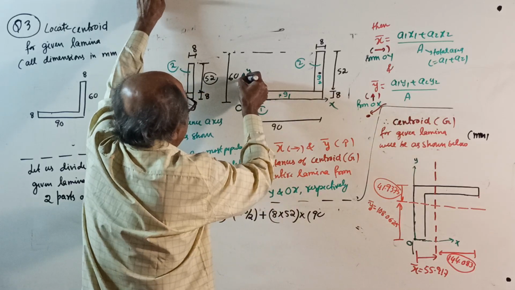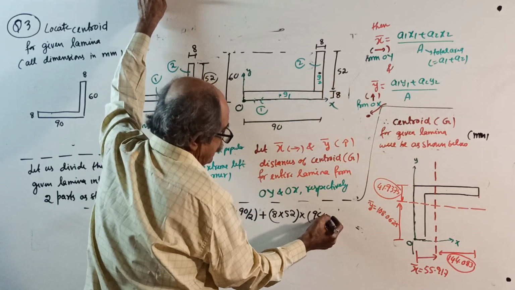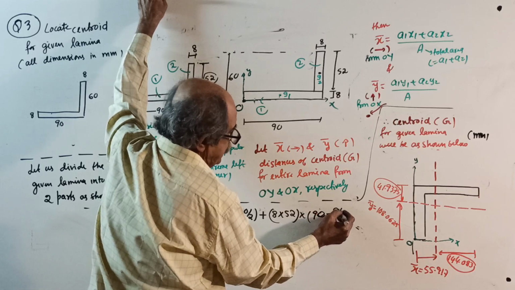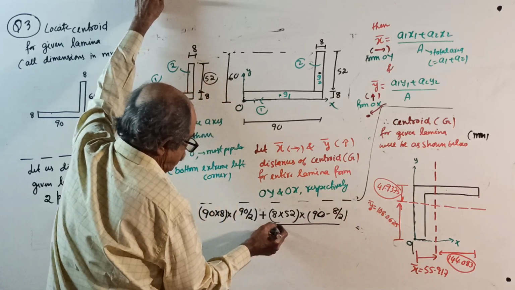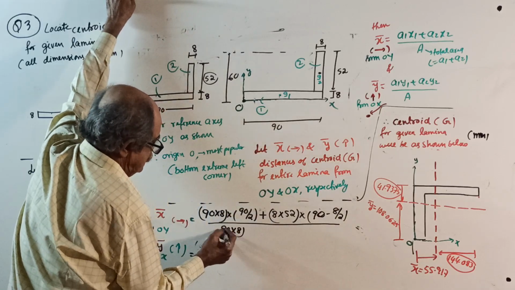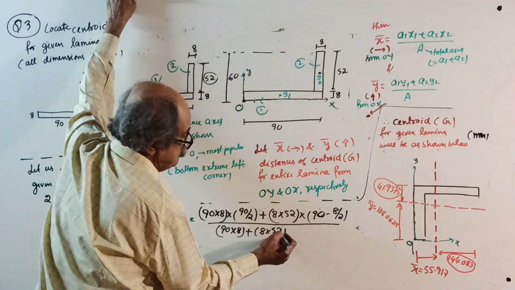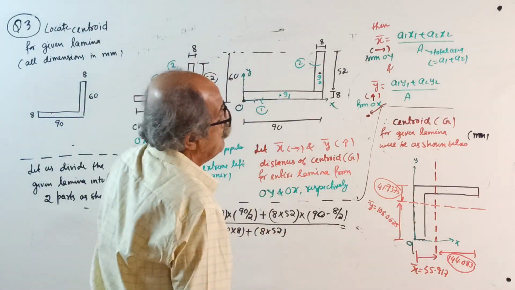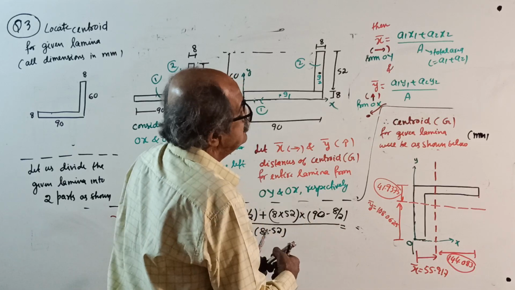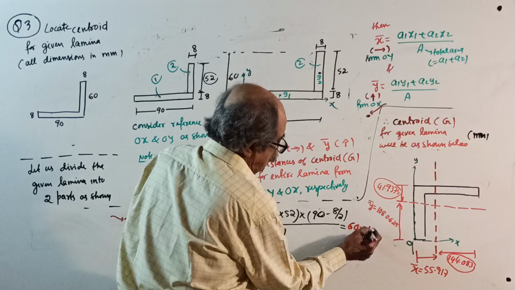From here to here is 90 minus 8 by 2. That much common sense. Divide by total area, 90 by 8 plus 8 by 52. Your answer will come for that question from here: 60.014 millimeter.